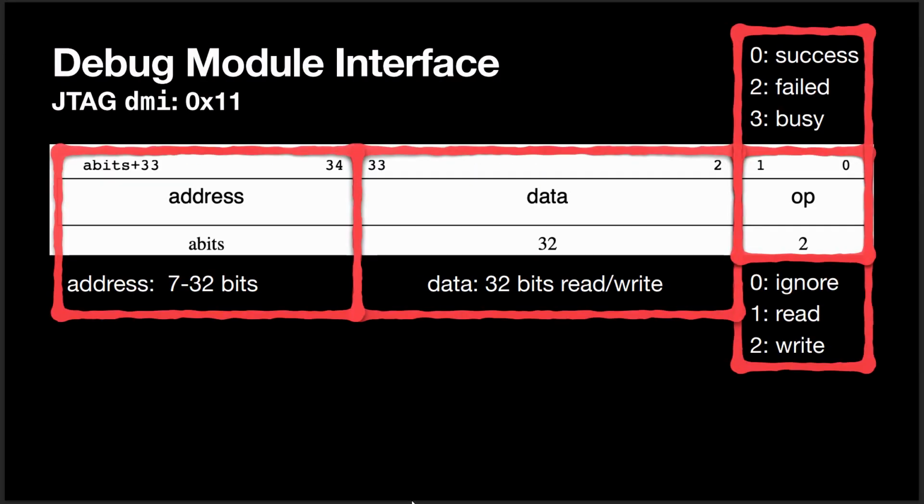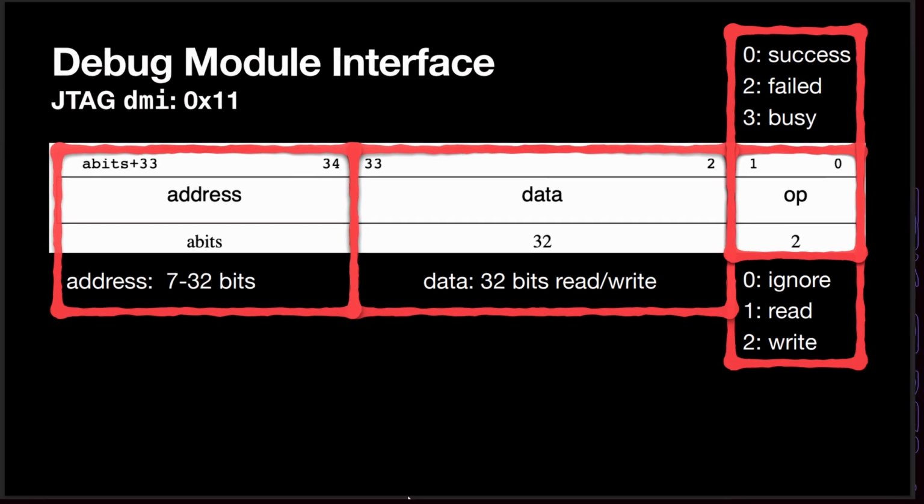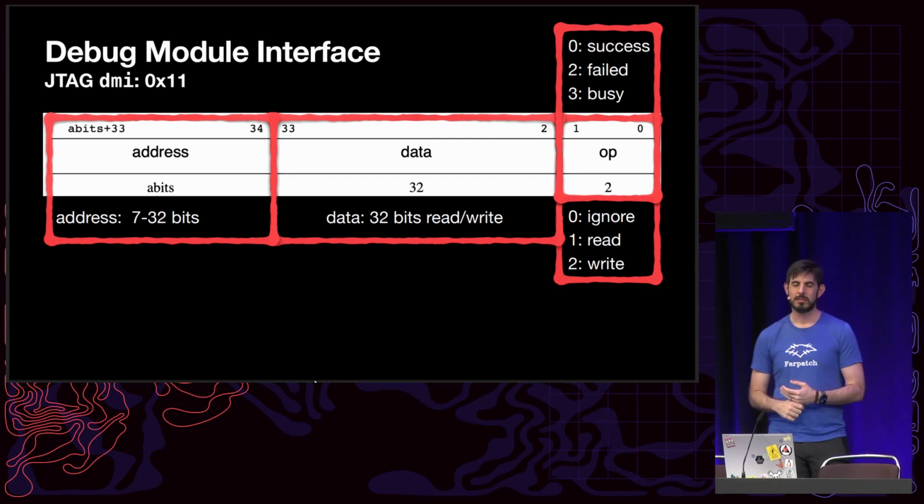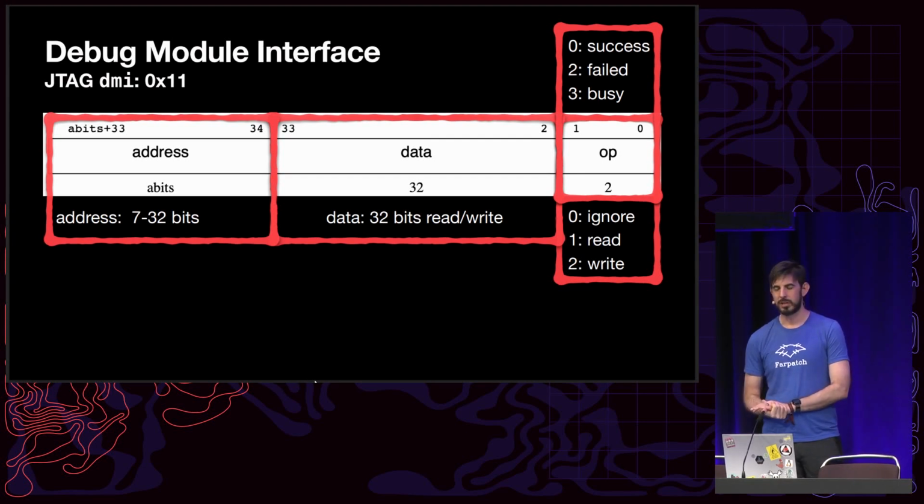For the most part, you're going to be reading address 11, JTAG address 11. And to start with, for the opcode, when you send a packet, if you set the opcode to be 0, it does absolutely nothing. So this is how the RISC-V standard deals with the JTAG. You can't read without writing, you can't write without reading. If you send it a command and the opcode is 0, it does nothing. Conversely, if you set it to 1 or 2, it'll actually perform that operation by reading or writing to the debug module interface.